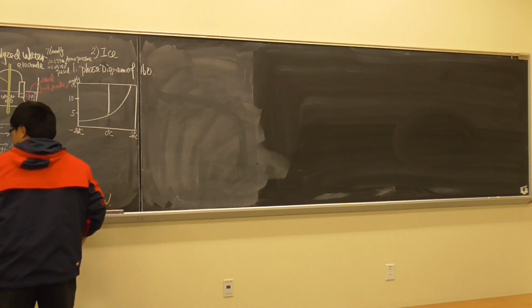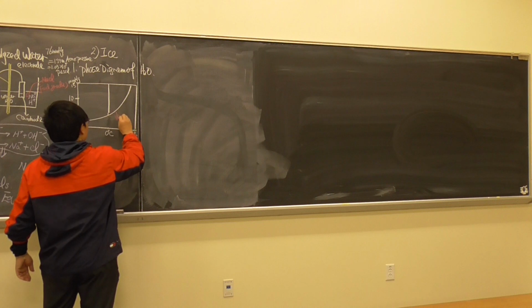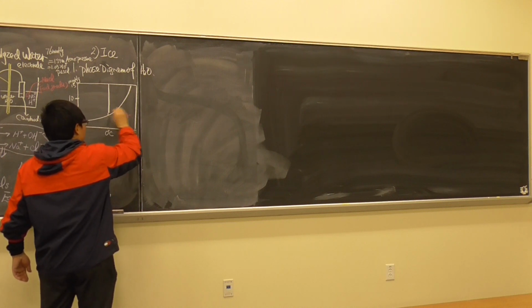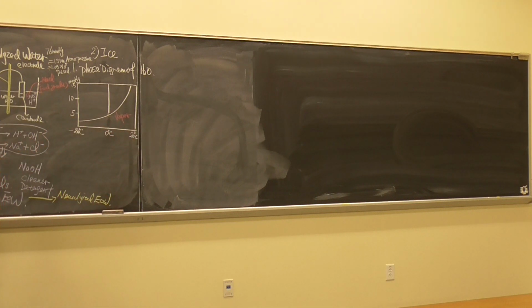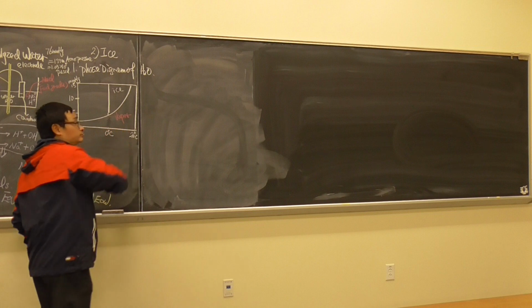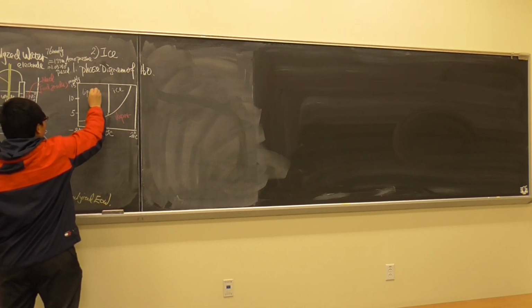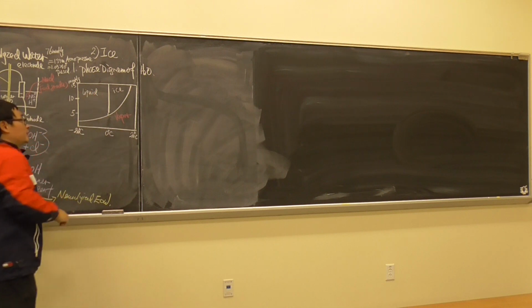Okay, we should always know water has three phases. What are the three phases? It could directly become a vapor, which is like a gas. It could become ice, which is a solid. Most of the time, it is a liquid. Therefore, we have three lines.